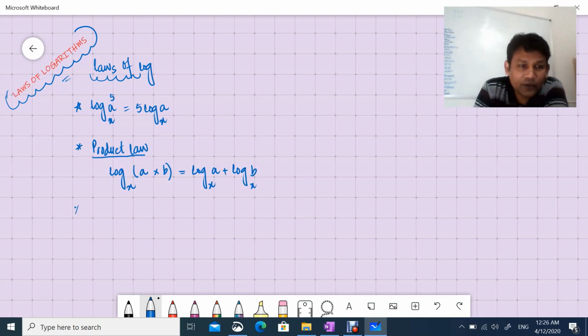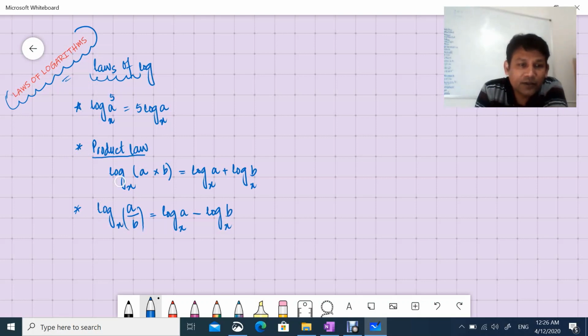Then we have the quotient law. That is, we have the same thing, log x of a divided by b. So when we have multiplication, we add; with division we have to minus. But in the exam, we actually have to write a single log.